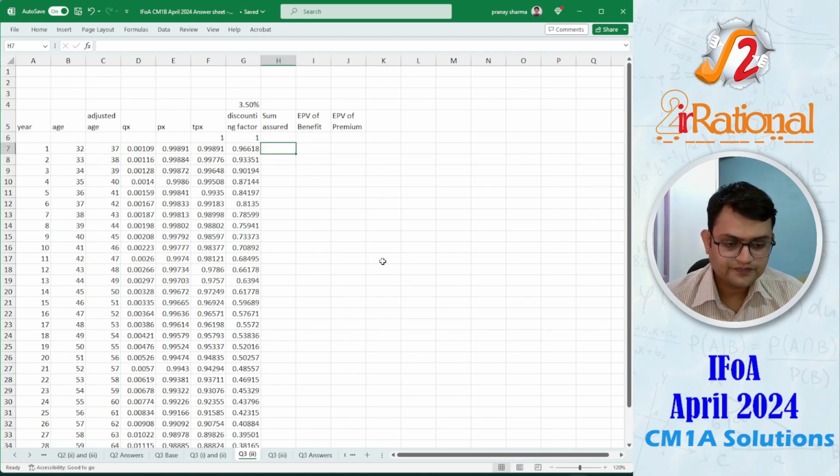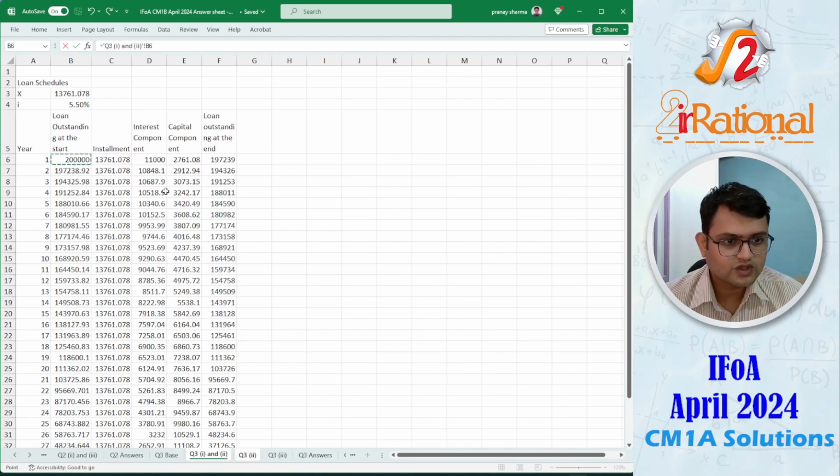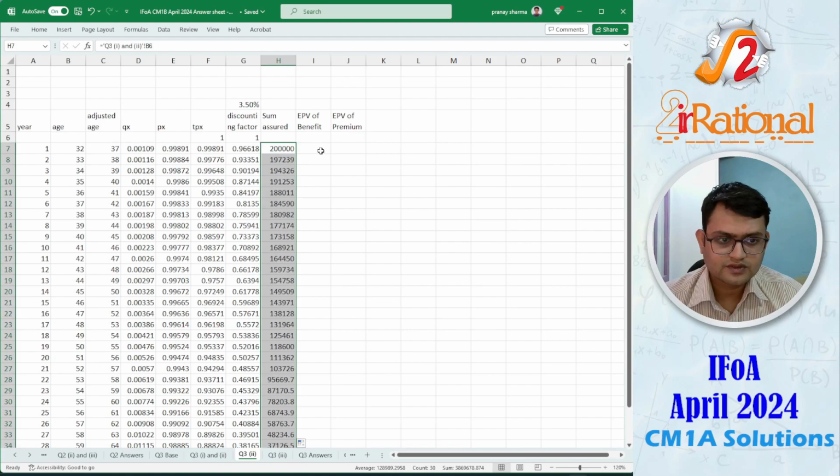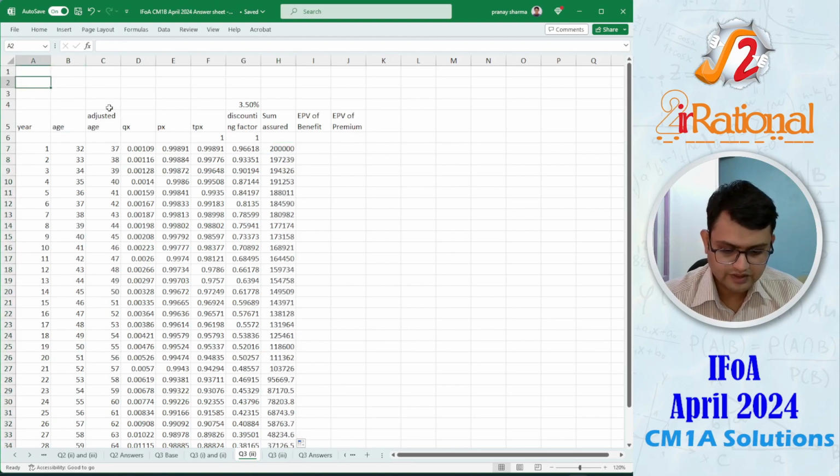Sum assured is taken from the loan outstanding at the start. Premium I'll write here, because we'll use goal seek later on to find the actual premium. So I have just written it as 1000.